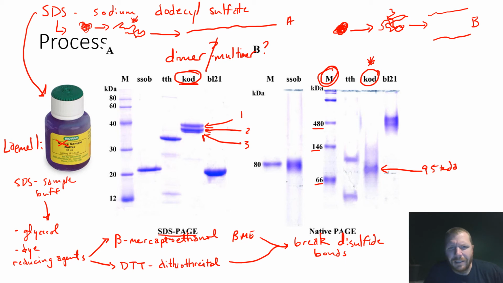What are the sizes of these? Okay, let's look over to our molecular weight ladder. 80, 60, 40, 30. All three of these are less than 40 kilodaltons, so they are all less than 40 kilodaltons. So maybe this one's 38.